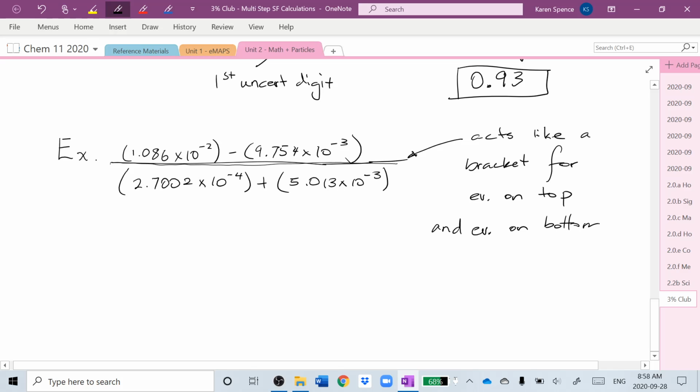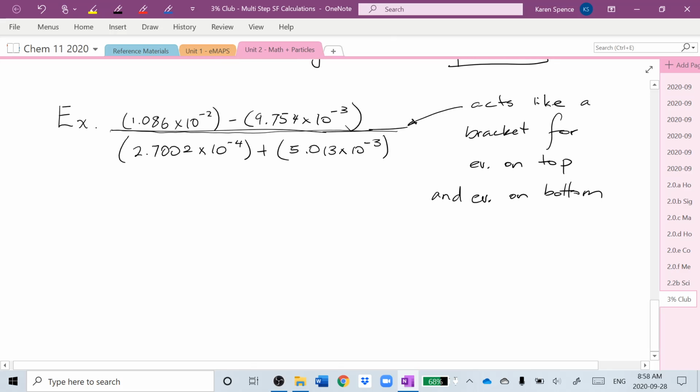So we could, if we wanted to, rewrite this as square bracket over all of the stuff on the top and square bracket over all the stuff on the bottom. But because we have that line there, it is unnecessary to do so. So I'm just going to erase that again. But that's what it really means to have that line there. So what that means is that all the subtraction on the top is going to be a bracket thing, so we're going to do that first.